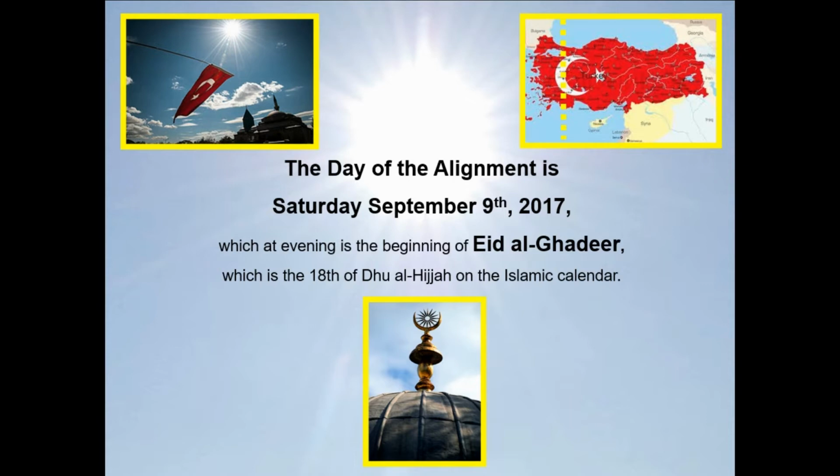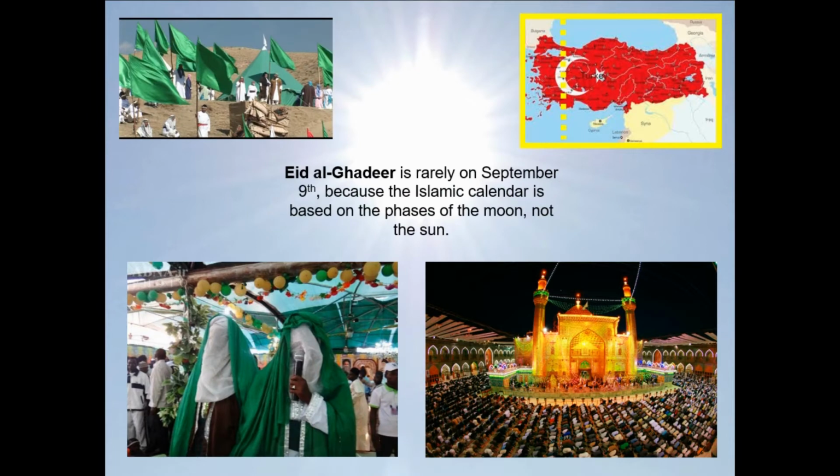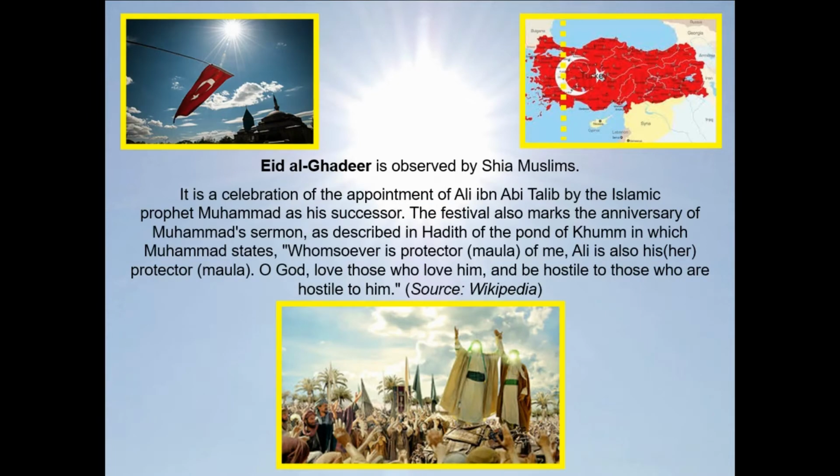That doesn't happen at that time every year. It can be any day of the year, depending on the cycles of the moon. So the fact that it hit September 9th, 2017, with this alignment at solar noon is amazing, because it talks about the successor to Muhammad in that celebration.